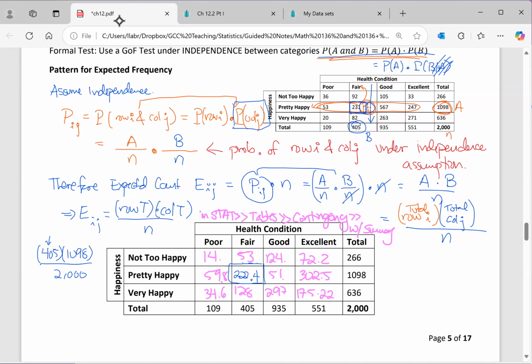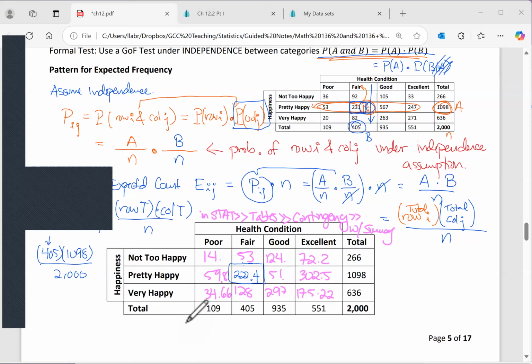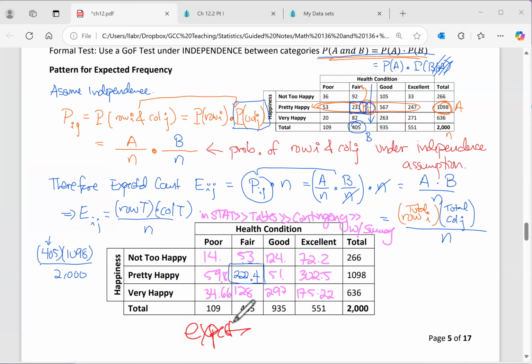And that should be familiar because we've seen that in the goodness of fit test. So here are my expected. Here are the actual observed. So we're going to ask, is there agreement between the expected and the observed? And you can see that the answer is going to be no.